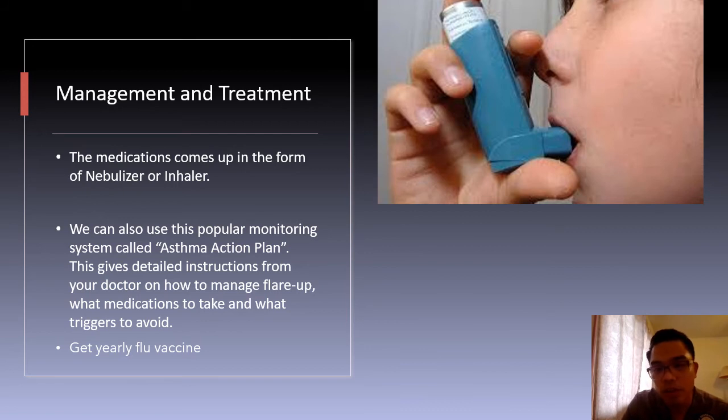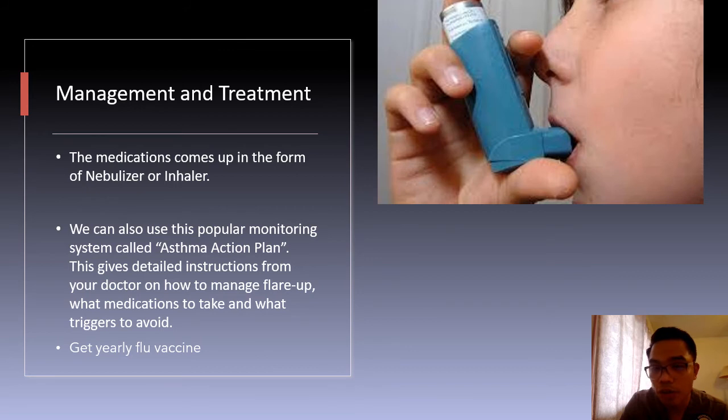On this picture on the side, this is what we usually give. This is what we call the inhaler. As you've noticed, this child is using an inhaler. This is not very easy to use, especially for children, because there are protocols or a step-by-step process on how to use it in the right manner.